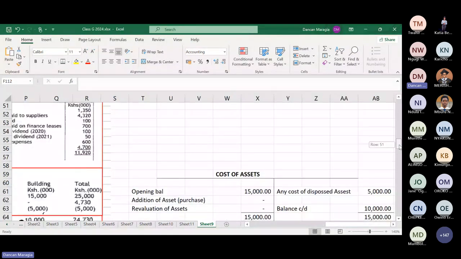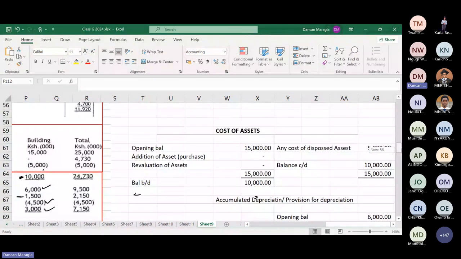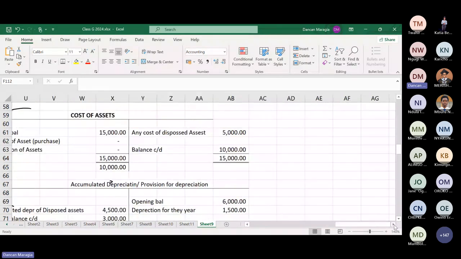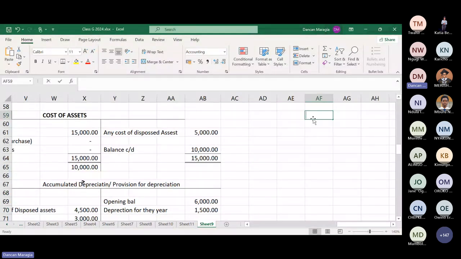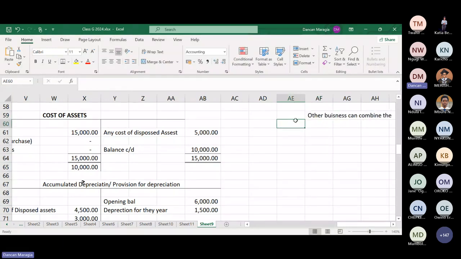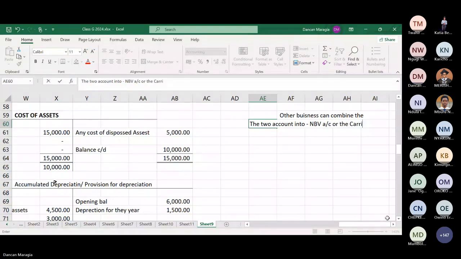Most businesses maintain their accounts with the cost account separate from the accumulated depreciation or provision for depreciation. But other businesses can combine the two accounts into one, and you may need to deal with this in the exam, in a statement of cash flow, where they call it the net book value account or the carrying amount.